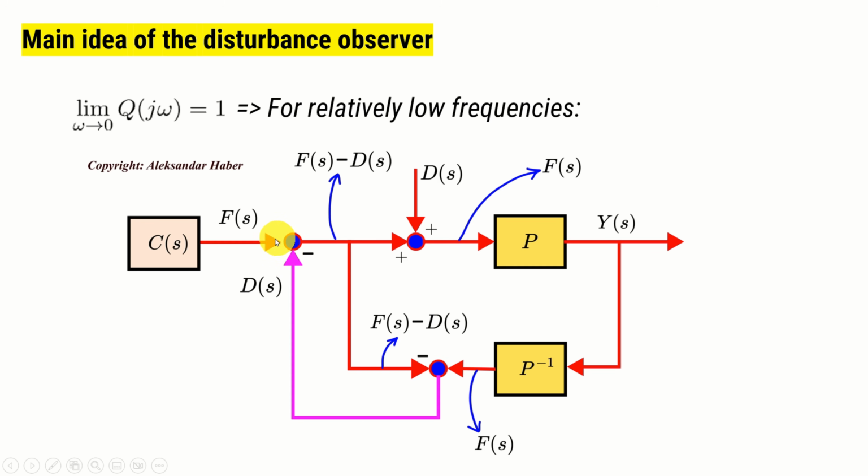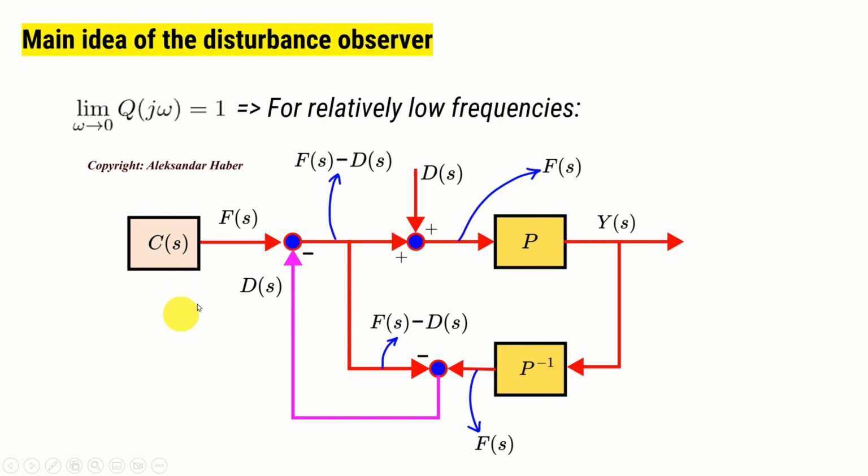It's being added with the negative sign to our f of s, that is, to the output of our controller. Then over here at the entry point of our disturbance to the system, d of s and minus d of s are cancelled, and that's the main idea of the disturbance observer.